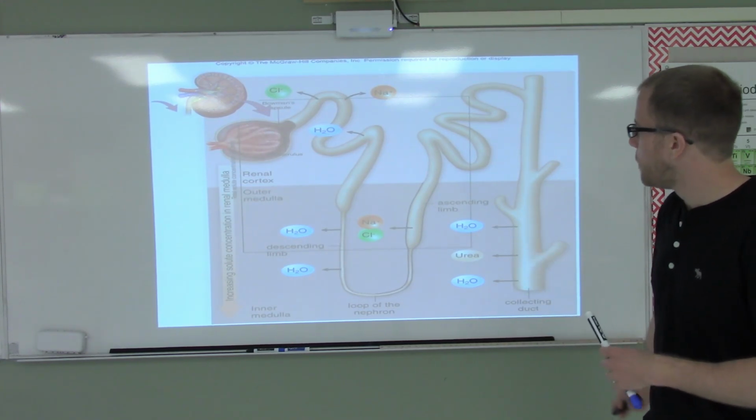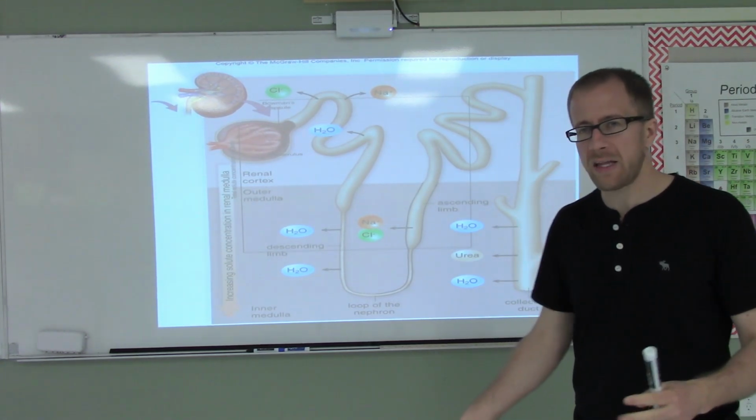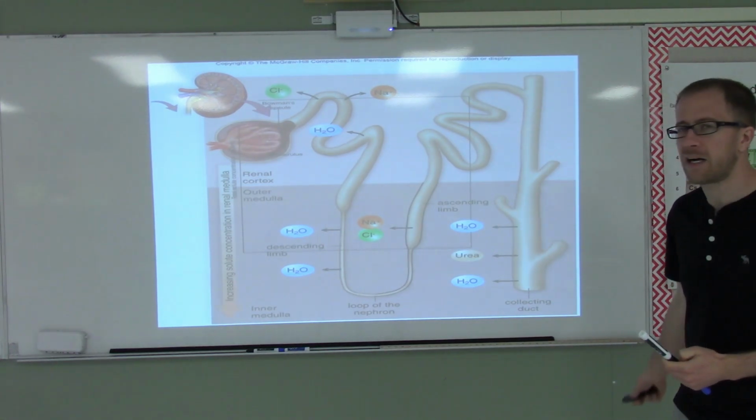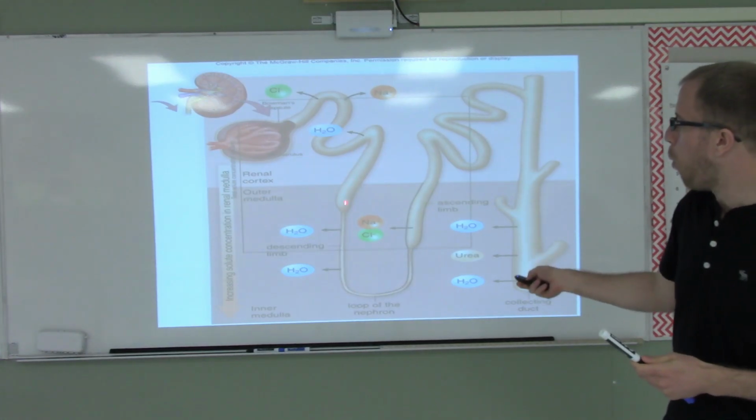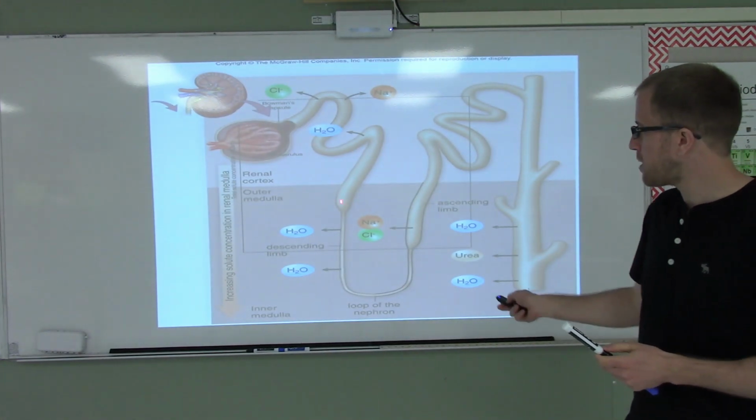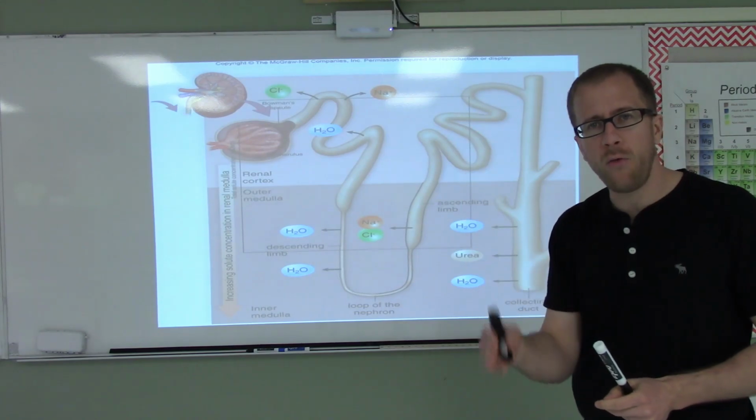The loop of Henle generates that salt bath that's needed for the collecting duct to concentrate your urine. Right? We lose water by passive transport going down the loop of Henle.